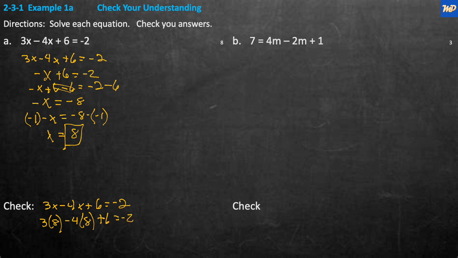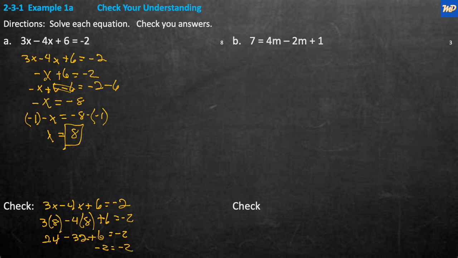So this is 24 minus 32 plus 6. Is that equal to negative 2? And yes, it does. 24 minus 32 is what? It's negative 8, right? Negative 8 plus 6 is negative 2. So it's negative 2 equals negative 2. Go to the next one.